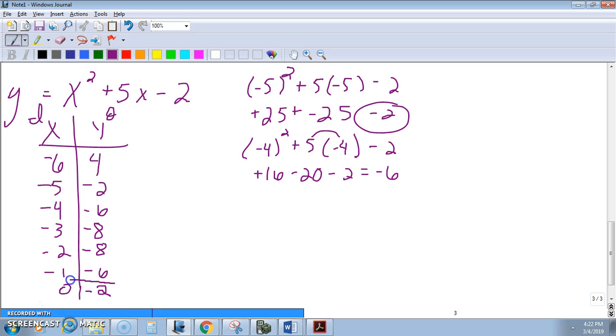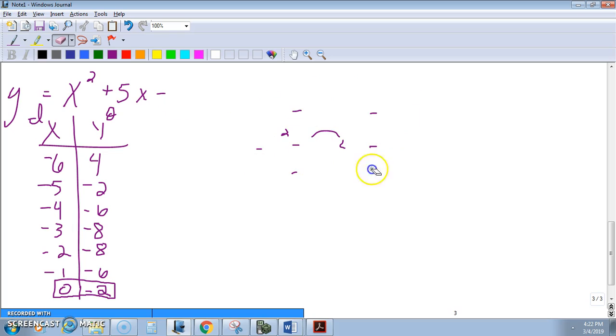So that's my y-intercept right there. Okay, so I've created my table, and I just used the calculator, but I also showed you how you input and output if you wanted to just solve it by hand, depending on if you are working on a question where you are allowed to use a calculator versus a question where you are not allowed to use a calculator.